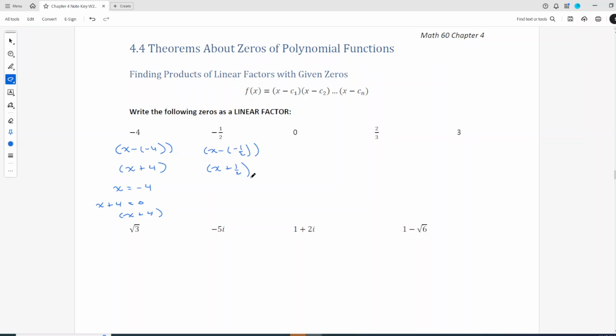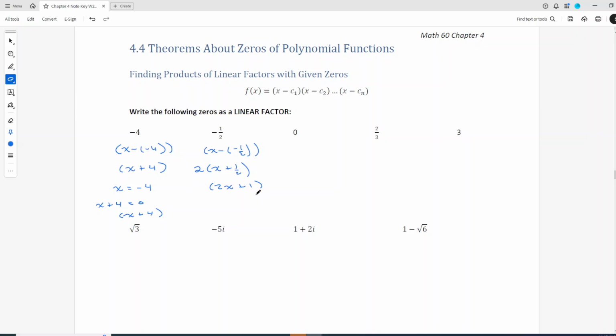Here's where the discrepancy comes into play: if you use synthetic division, you would use the zero of -1/2, you would put your factor like this, and then there'd be some magic that would happen that you would end up with a 2 out front, that when you multiply it through, you would end up with 2x plus 1. But only with synthetic division. If you do long division, you would actually have to put the factor as 2x plus 1 to start.